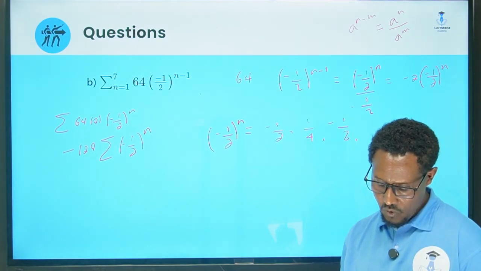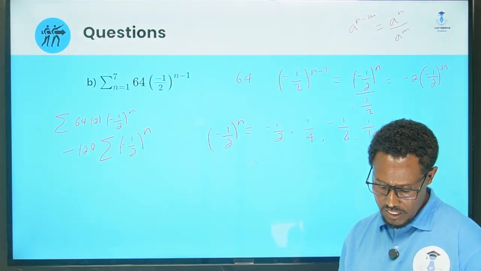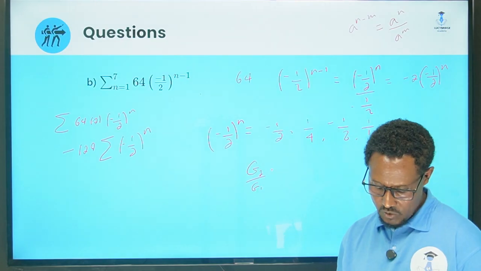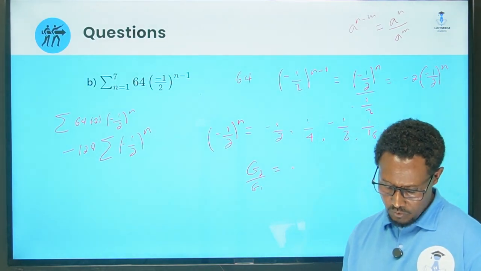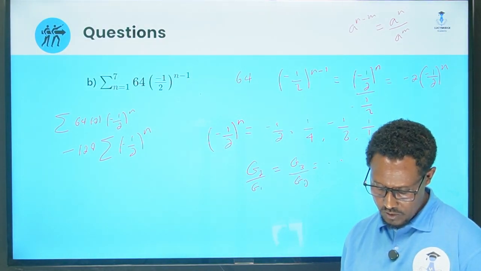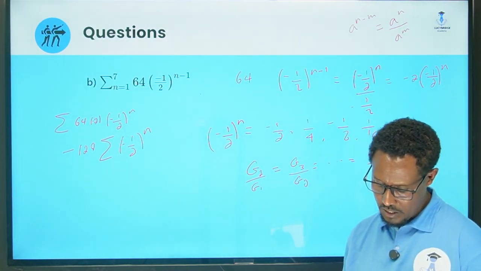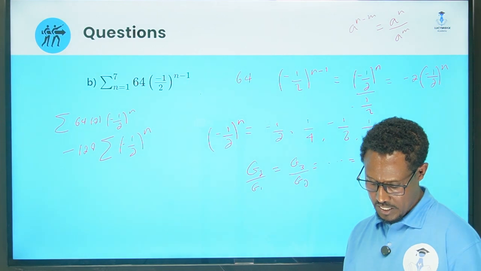When n is 4, 1 over 16, it continues. So G2 over G1 is equal to r, which is equal to G3 over G2, which is equal to G(n+1) over Gn, the common ratio r.